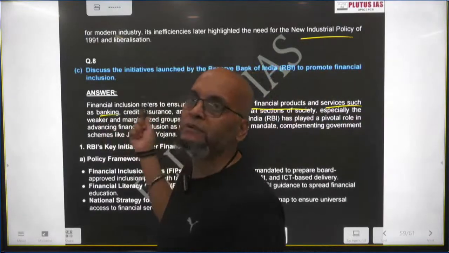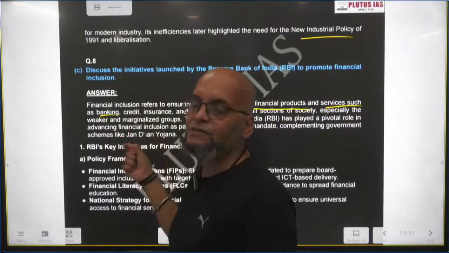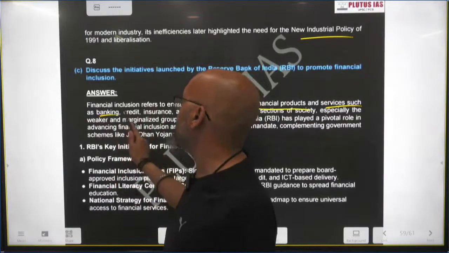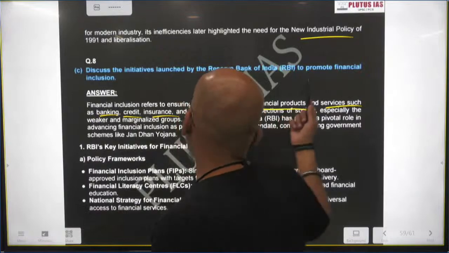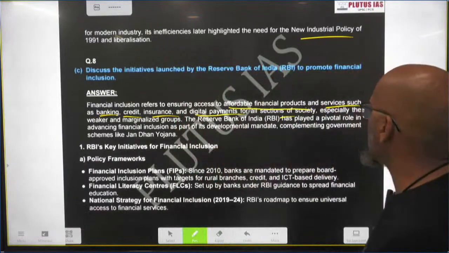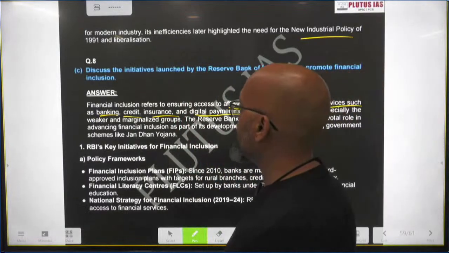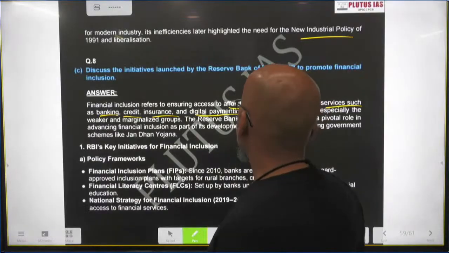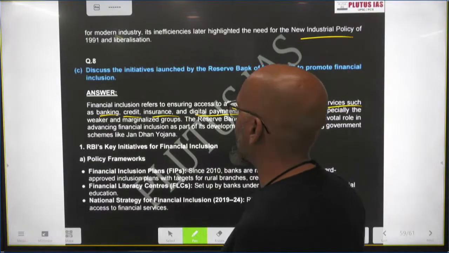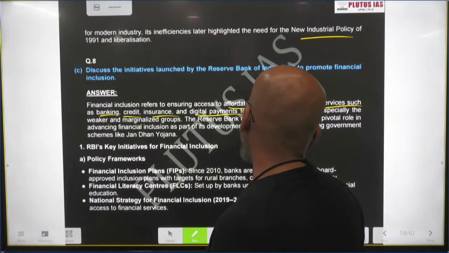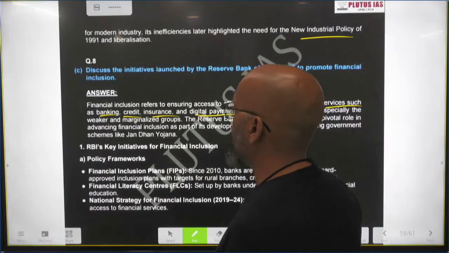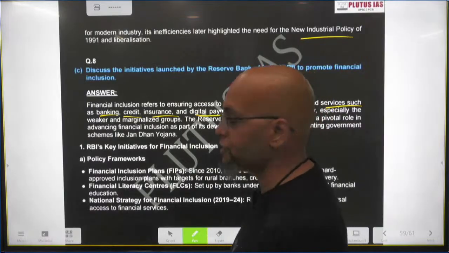Always remember, these are the ingredients of financial inclusion: banking, credit, insurance, and digital payments for all sections of society, especially the weaker and marginalized groups. The Reserve Bank of India has played a pivotal role in advancing financial inclusion as part of its developmental mandate, complementing the government's schemes like Jan Dhan Yojana.